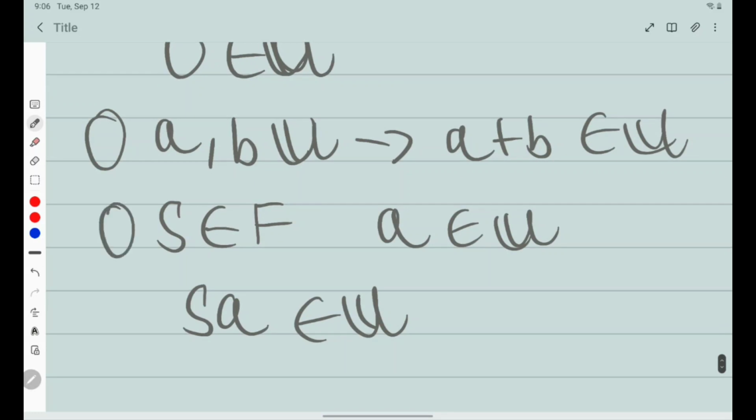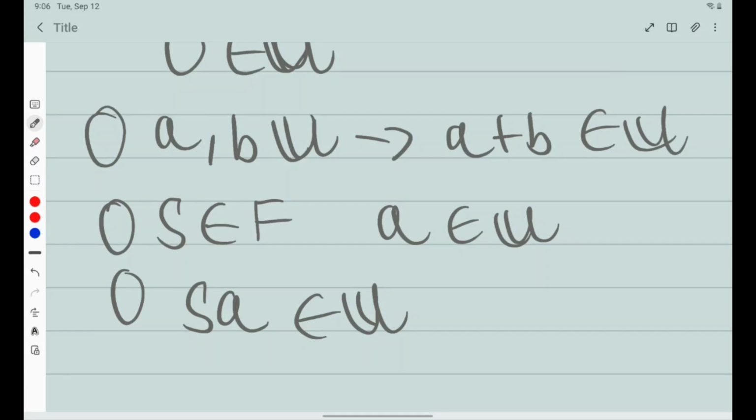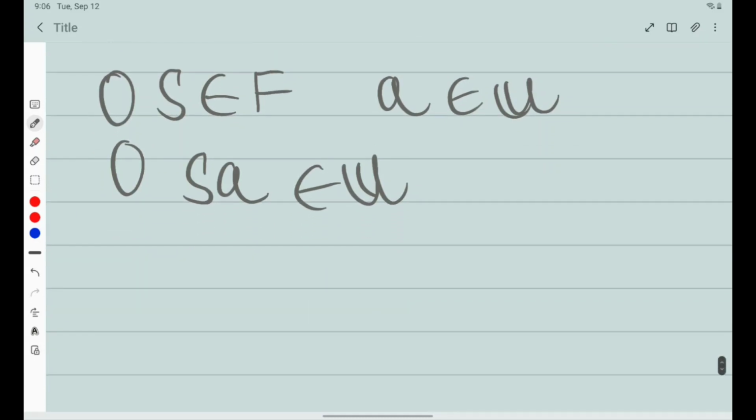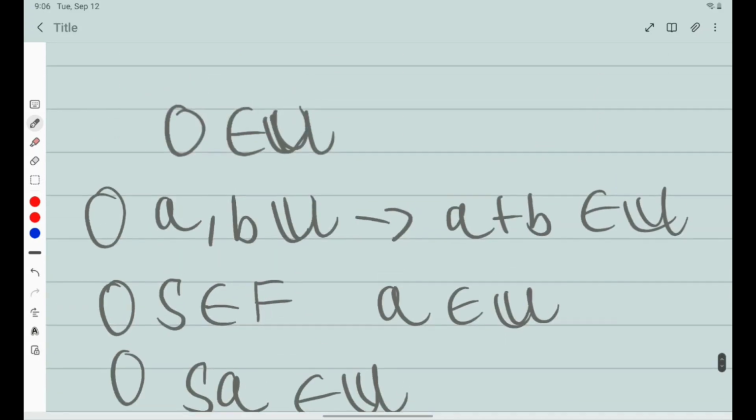And these three things are all that you need to say that U, a subset of a vector space, is itself a vector space. And that also implies that it is a subspace of V, our initial vector space.